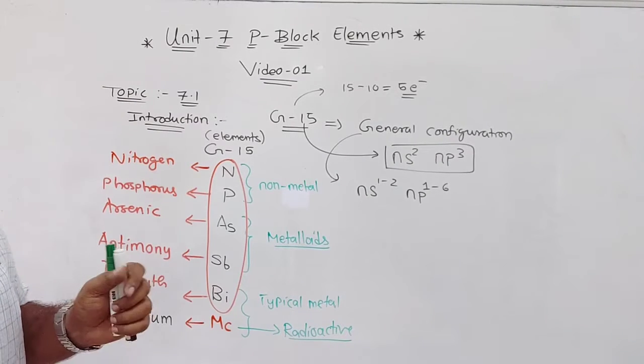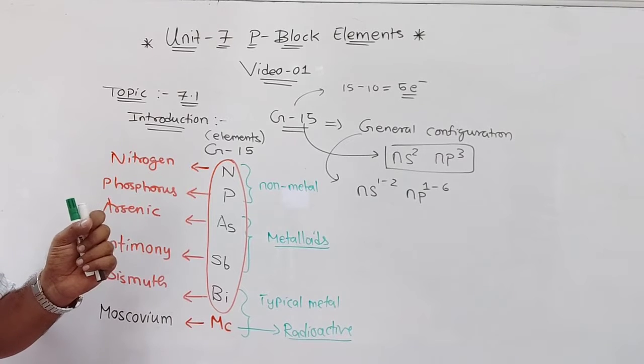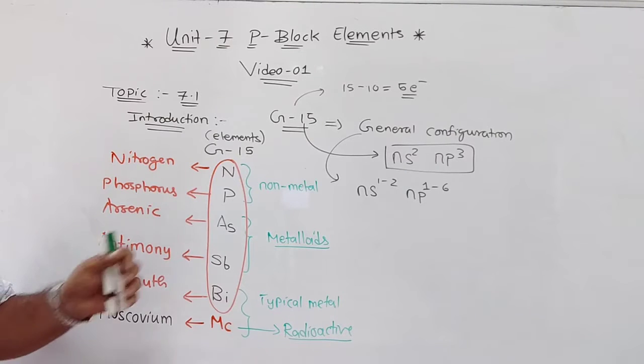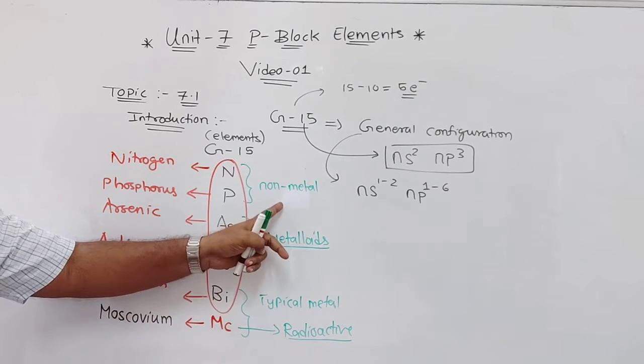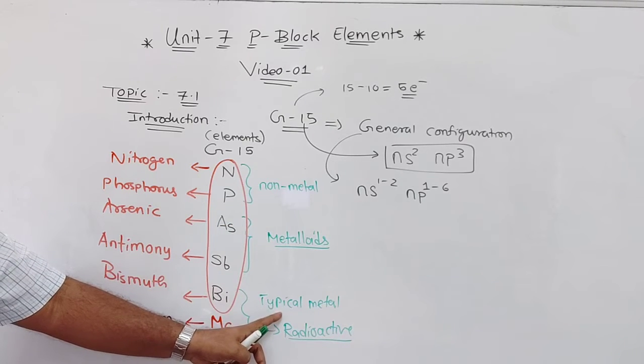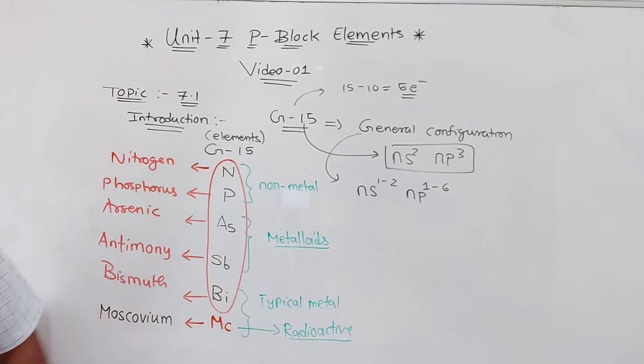Understood? Now in your textbook, in the first paragraph, there is one line: when we go from top to bottom there is a shift from non-metallic to metallic properties, because this is a non-metal and down here this is a typical metal. So the non-metallic to metallic shift happens as we go down the group. Understood? So this is all about group 15 elements.